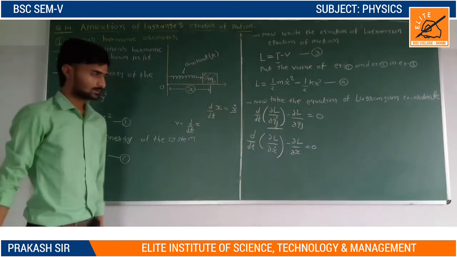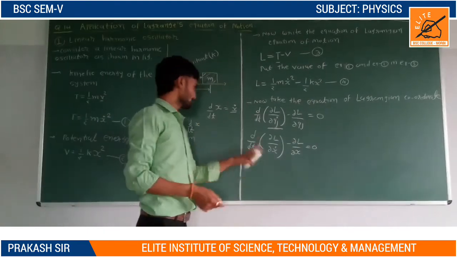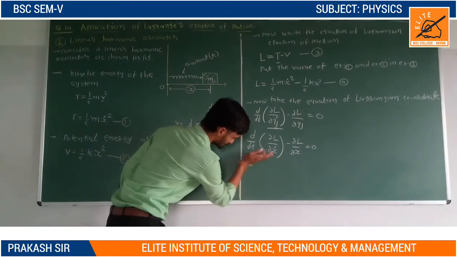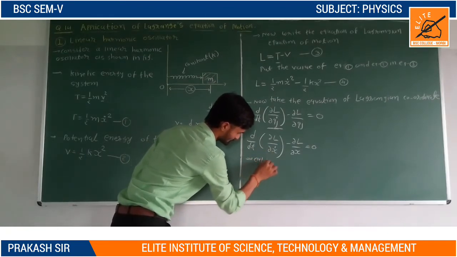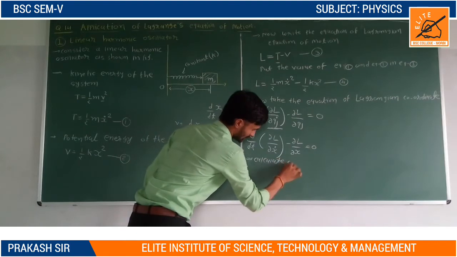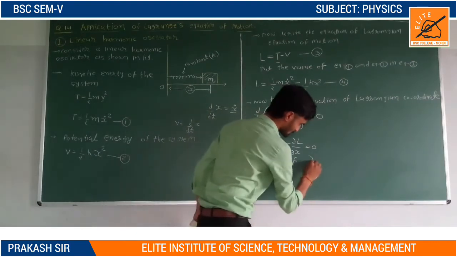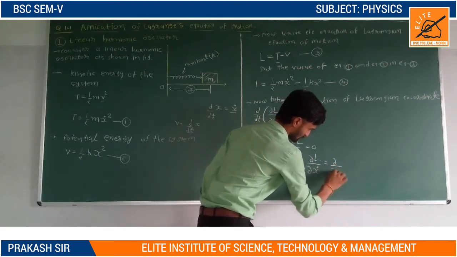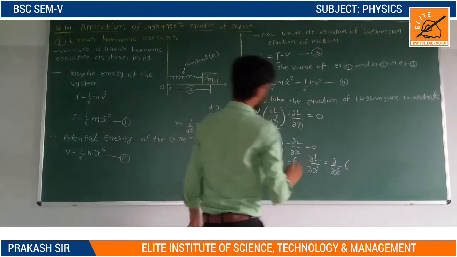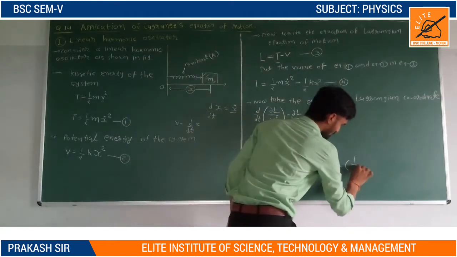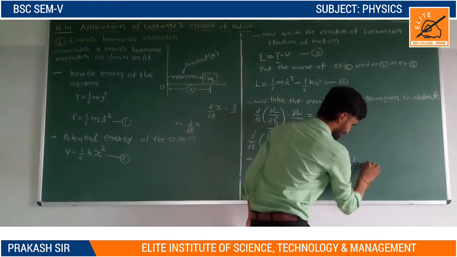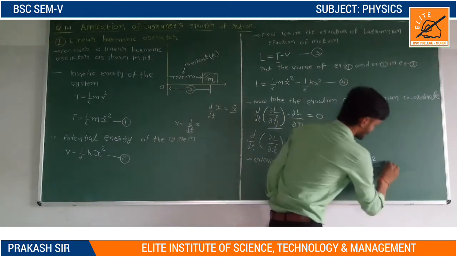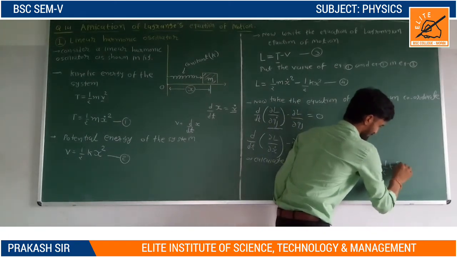Now this equation, first calculate del L upon del x dot. So del upon del x dot, put the L as 1 by 2 m x dot square minus 1 by 2 kx square.